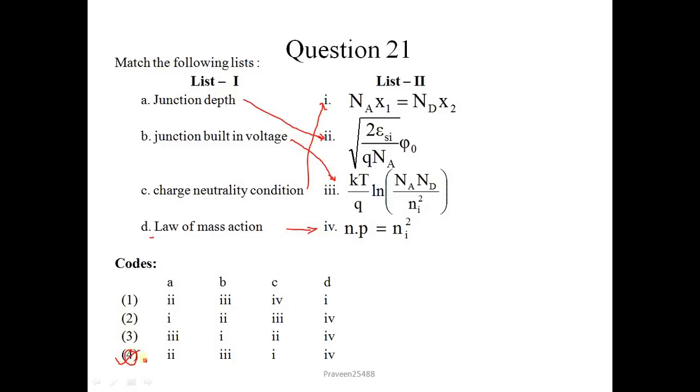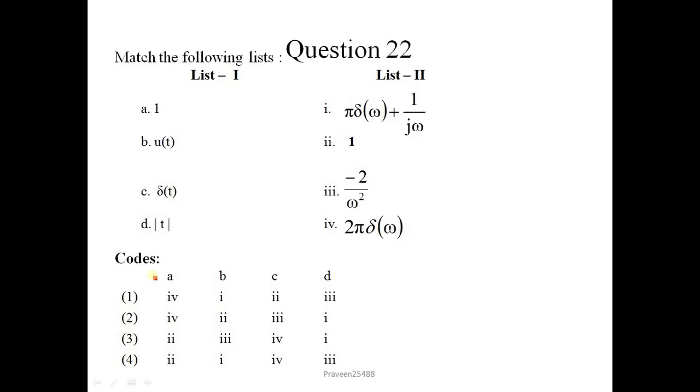Next question, question number 22. We have to match from list 1 to list 2. Here the Fourier transform of this time domain function is given. The Fourier transform of 1 is 2 pi delta of omega.